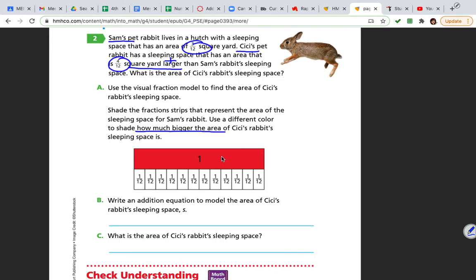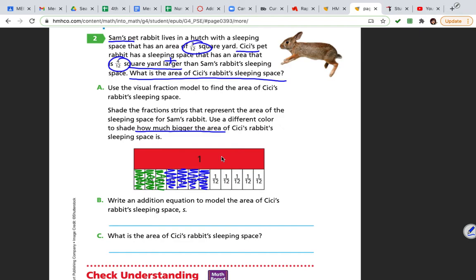So we want to find out what the area of Cece's rabbit space is. Sam had 3/12, so 1, 2, 3, we did it in green, and then we want to add to that for Cece's rabbit. Her rabbit space is 4/12 square yards larger, so that much more. So 1/12, 2/12, 3/12, 4/12.